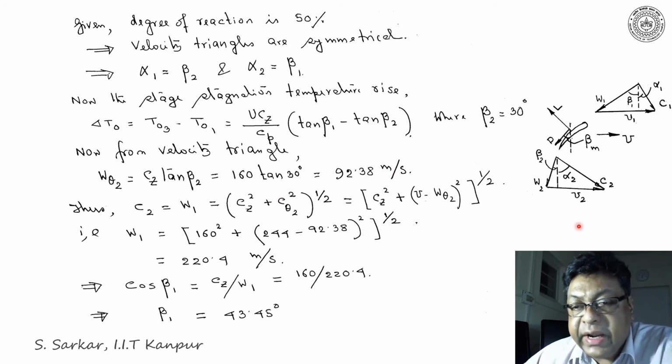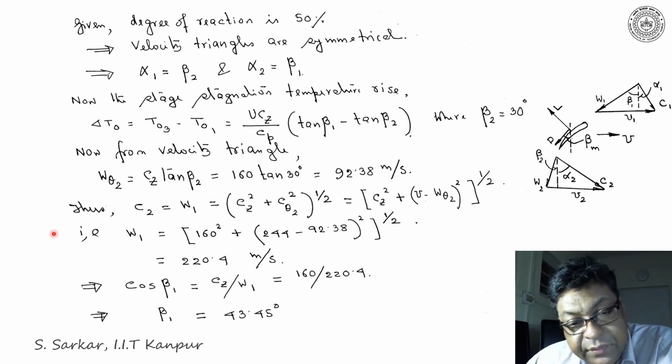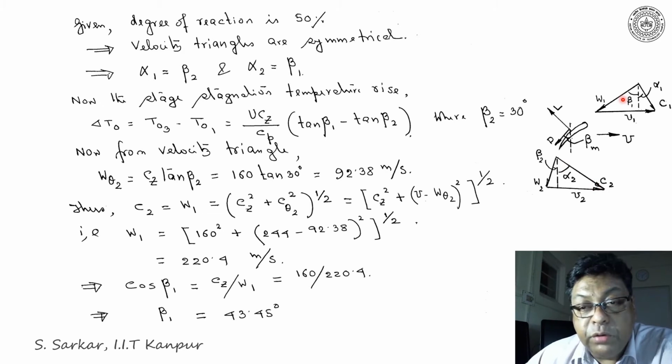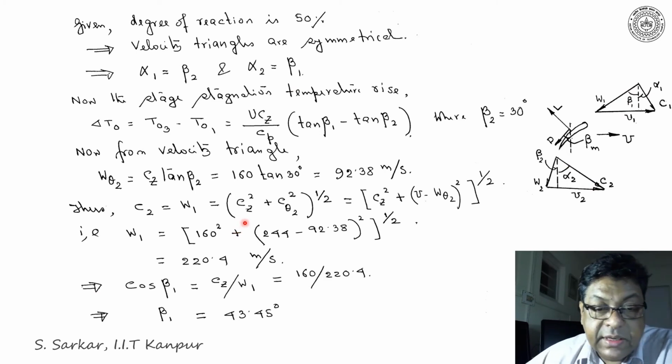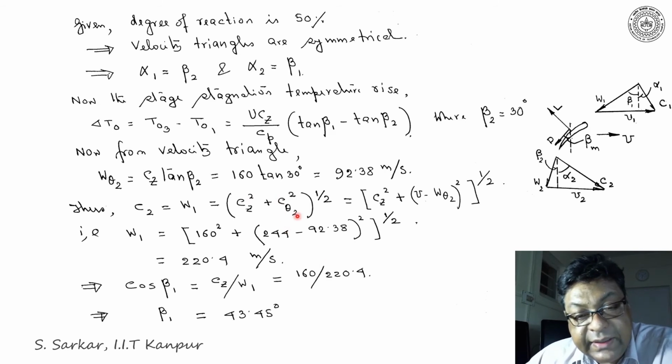Now as the velocity triangle is symmetrical, I can say C2, meaning this length, must be equal to W1. Thus I have written here C2 is equal to W1 is equal to Cz squared plus C theta 2 squared.